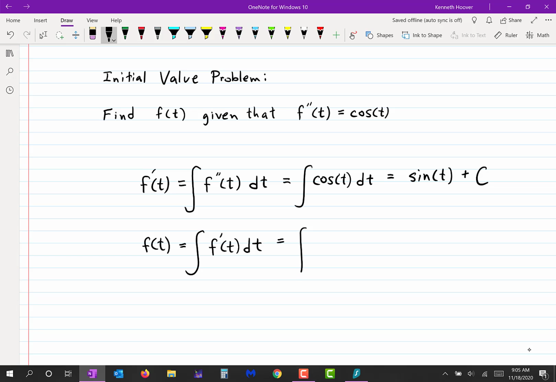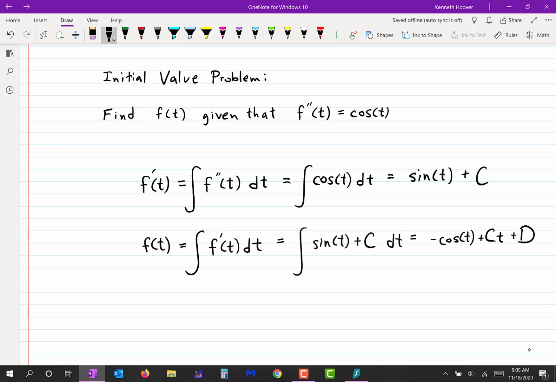So we would integrate sine of t plus a constant, and I would get negative cosine of t plus capital C times t, right? The integral of c would be c times t, plus a new constant. We'll just call it d. And that would be my answer.